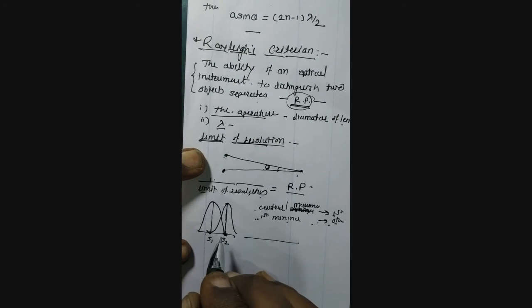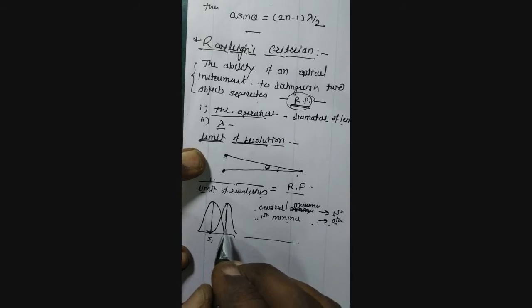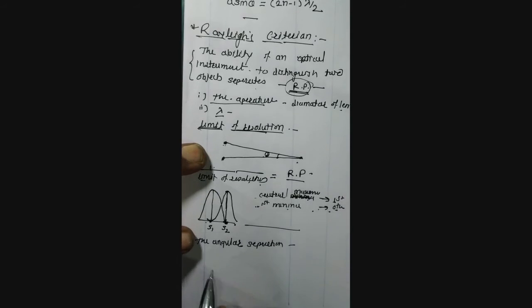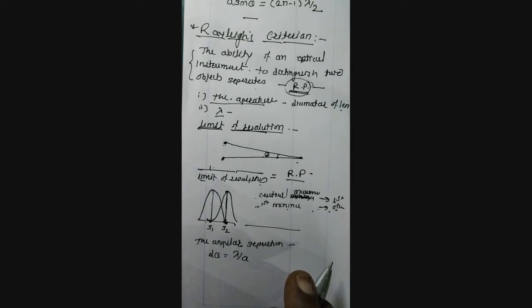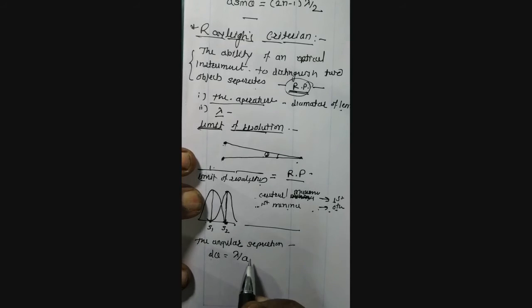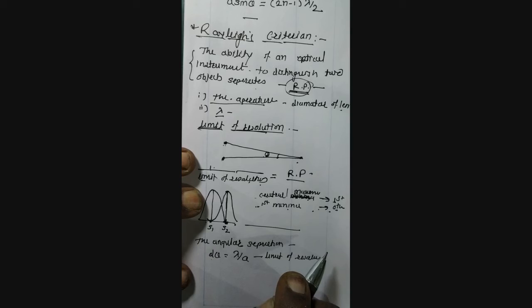The angular separation of the first principal minimum is d theta equal to lambda divided by a. This is the angular separation, and therefore the limit of resolution is the minimum separation between two linear objects that are just resolved at a distance from the instrument.